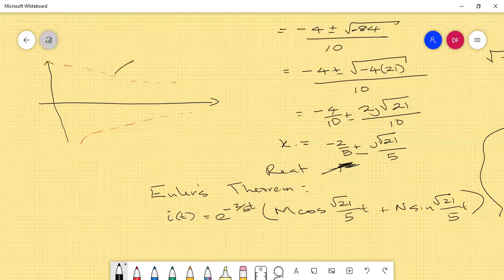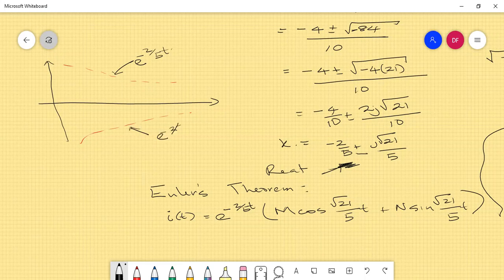Our exponential part, e to the minus 250 t, will be like this, and our oscillatory part.